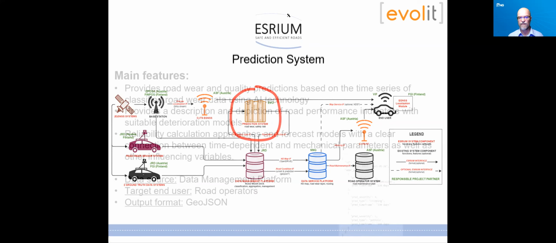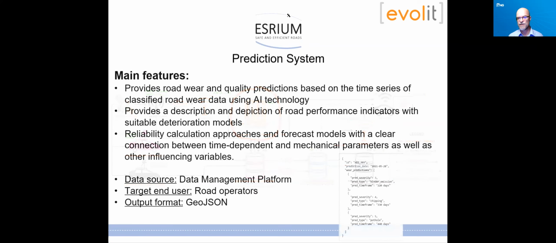For that, we have the prediction system implemented by Evolit, where the main features are the following. This system provides roadware and quality prediction based on the time series of the classified roadware data using artificial intelligence, machine learning technology.